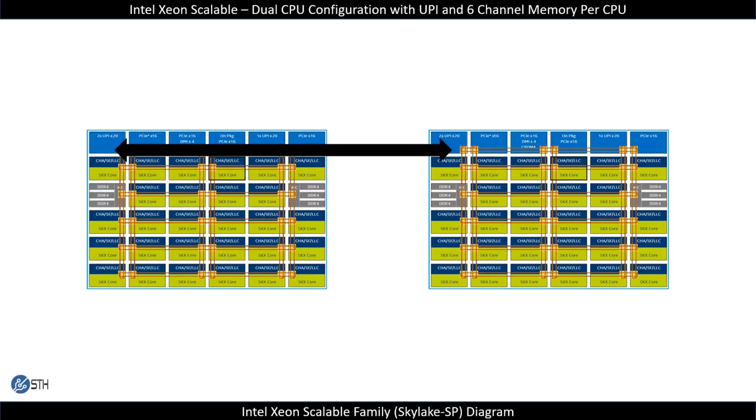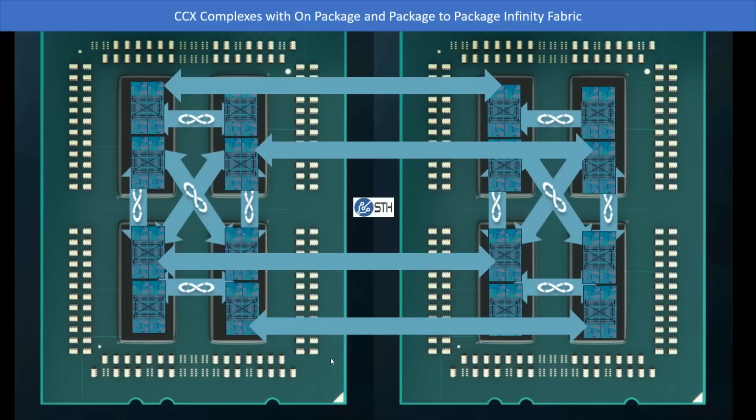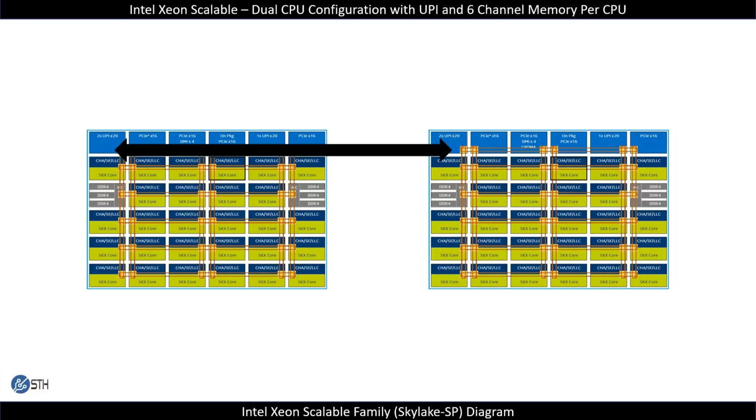Now looking at the interconnect, the new generation of interconnect is called UPI on the Intel side, and this is equivalent to, if you remember those arrows that we had on the AMD EPYC, where you would see the cross-socket Infinity Fabric links. On the Intel side, you have UPI links. And there are 3 UPI links possible on an Intel Xeon Scalable die. There's 2 on this hop and 1 on this hop.